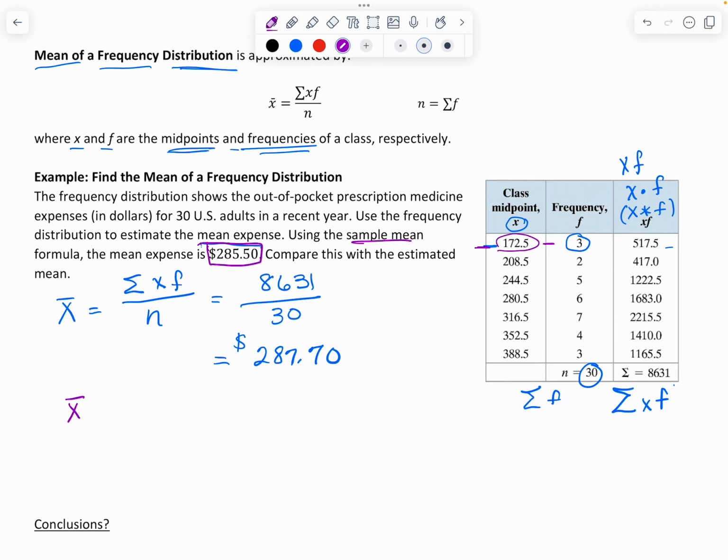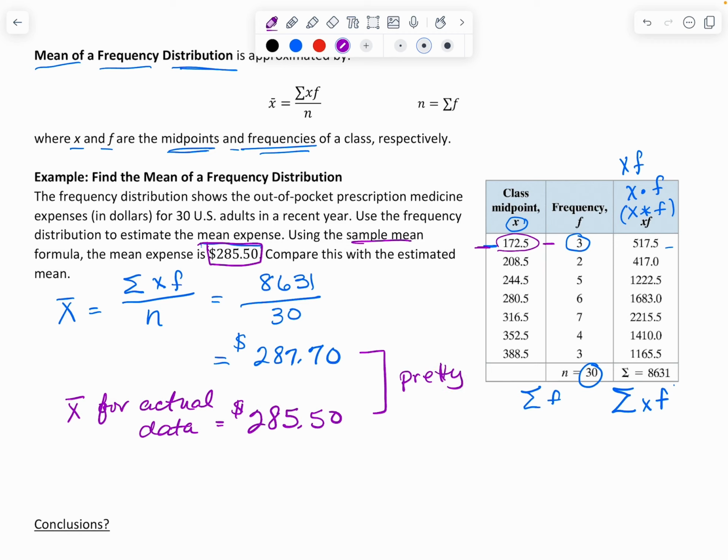The actual mean for the actual data is equal to 285.5. So you can see that by doing this mean of a frequency distribution, by sort of doing the average in the class, by using the midpoint, it gets a pretty close number.